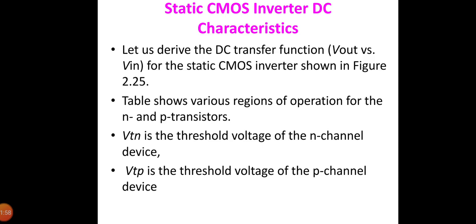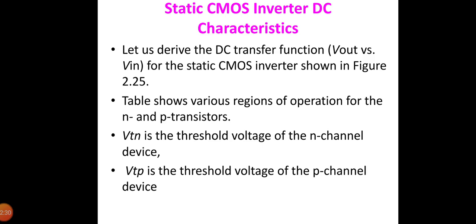The static CMOS inverter consists of NMOS and PMOS transistors connected in series, and its operation is readily understood with the help of the simple switch model of the MOS transistor. The transistor is nothing more than a switch with infinite off resistance and finite on resistance. This leads to the following interpretation of the inverter: when Vin is high and equal to VDD, the NMOS transistor is on and the PMOS transistor is off.